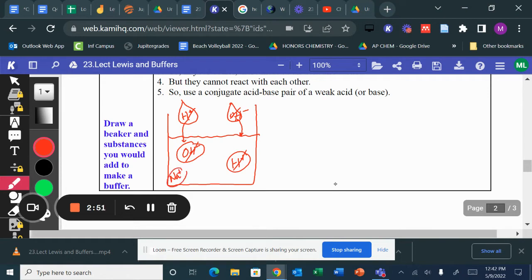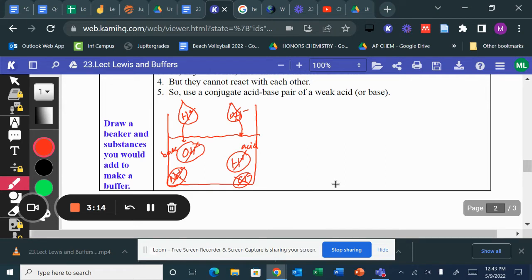The Na+ will be the spectator, and here you would put HCl, and the Cl- would be the spectator ion. So these two won't really do anything. Let's just ignore them. So to make a buffer, you put an acid in the buffer to react with the added base, and you put a base in the buffer to react with the added acid. Okay, but there's a problem.